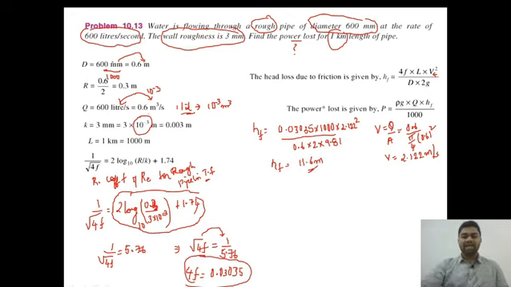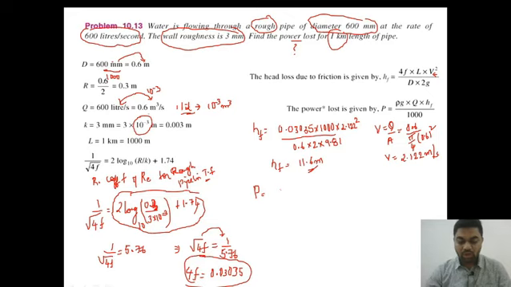After getting the value of head loss, what we need to do? We need to substitute this value in the formula of power loss. Power loss is given by rho G into Q into HF by 1000.